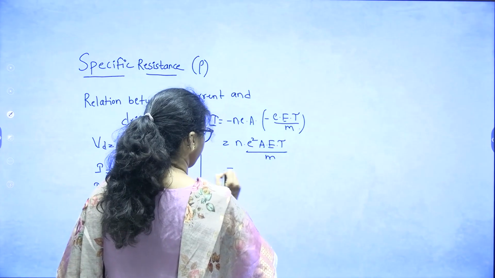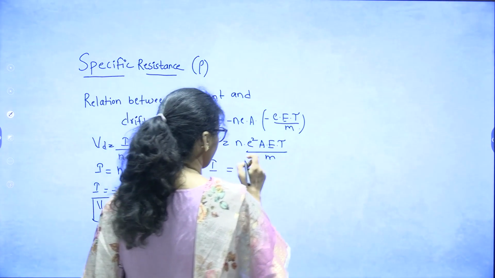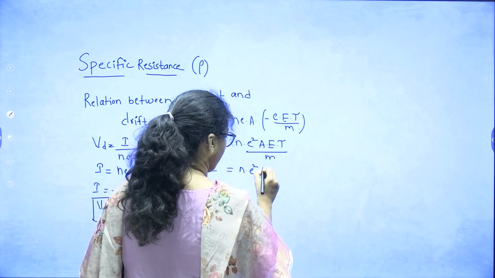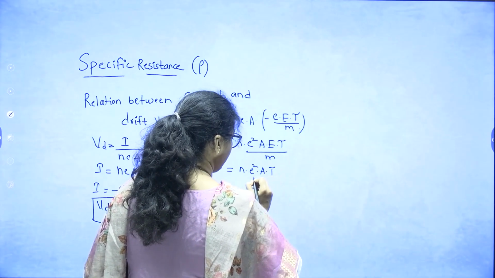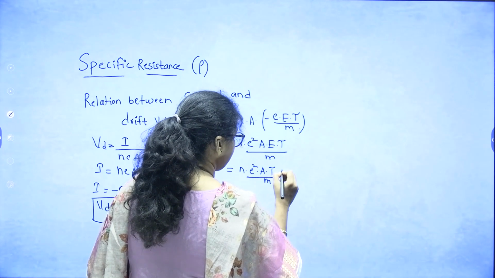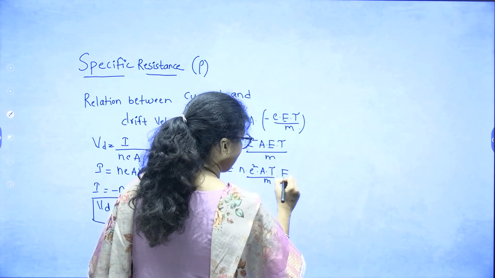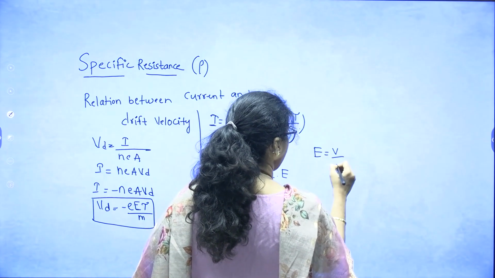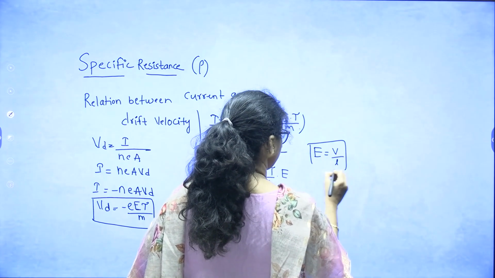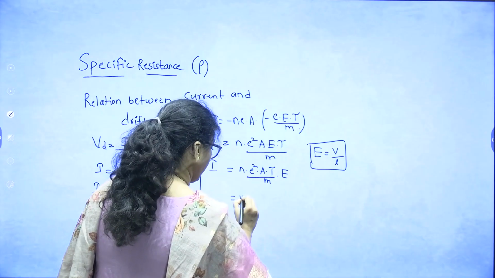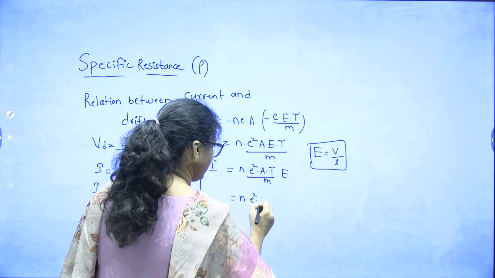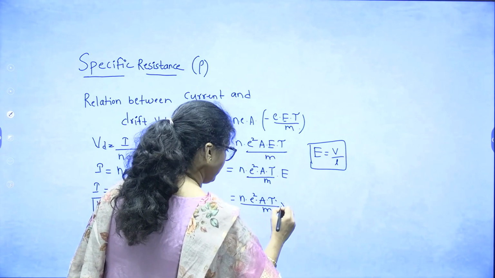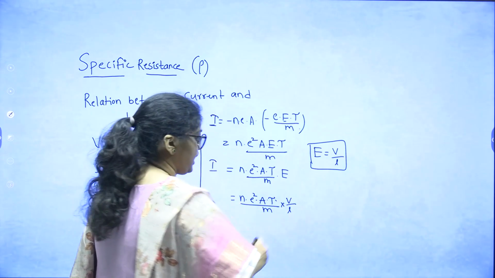From this we can write n e square A tau by m into E. What is the value of E? In Ohm's law we already said E is equal to V by L. So I'll substitute this also here, and you will get n e square A tau by m into V by L.